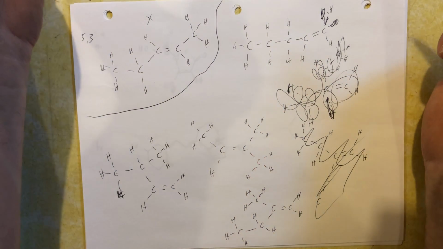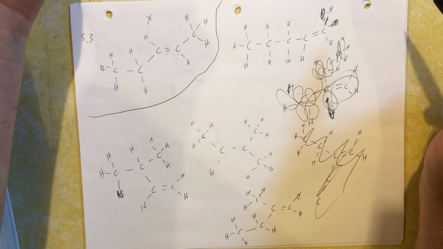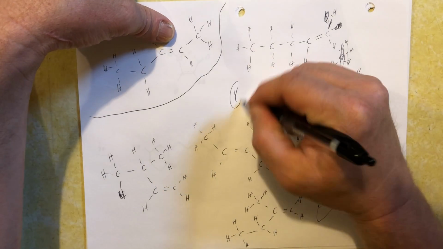So there's 4 that I've got there. It says 4 possible structures for the compound Y. So it must be these 4.